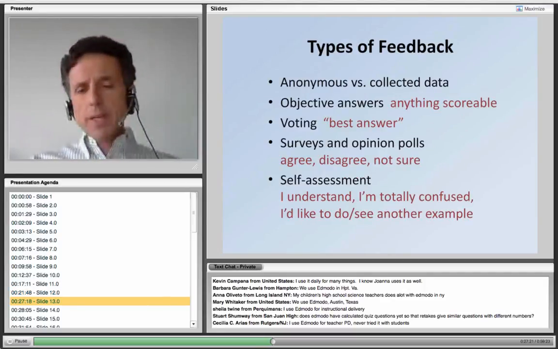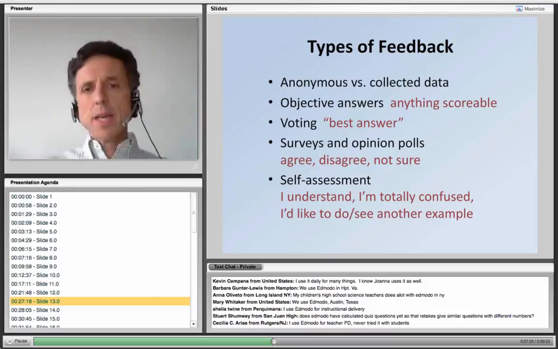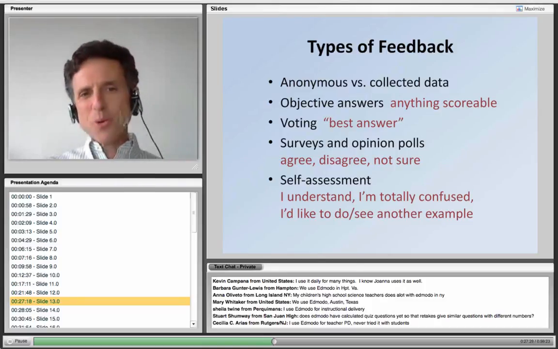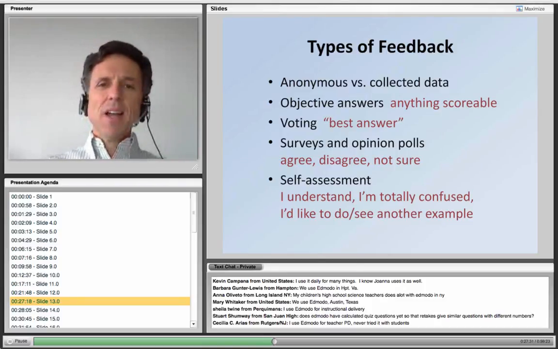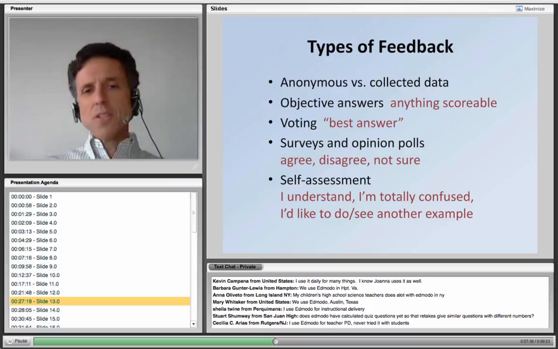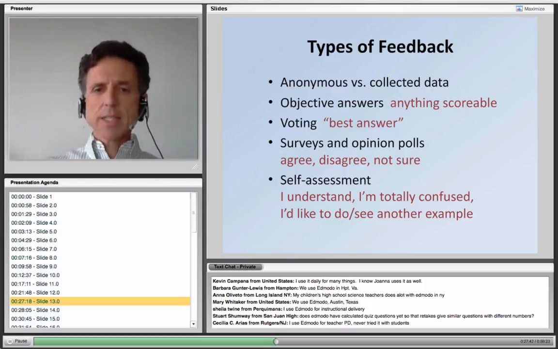All right, very quickly, and then I want to give you some real-life examples. One of the important things to understand about assessment is it's not all the second bulleted point, which is objective answers. You may want to let students just use their devices in an anonymous way to do things like voting or agree or disagree about a statement in class.